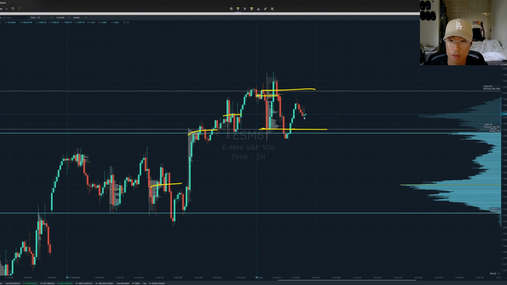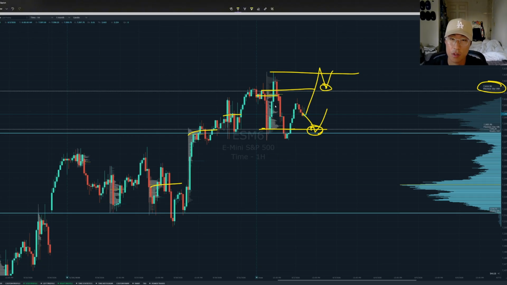So either I was looking for a long holding previous day value area low right in this level, take a long back to previous day value area high, or off the open, if we're able to break above this level, then I would look for a retest, take a long, retargeting all-time highs.